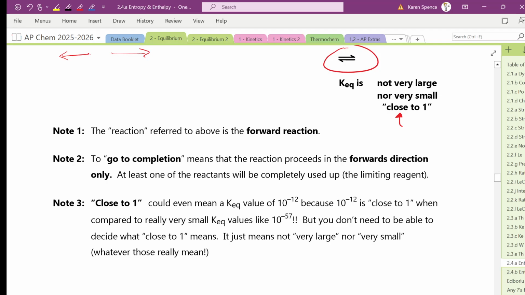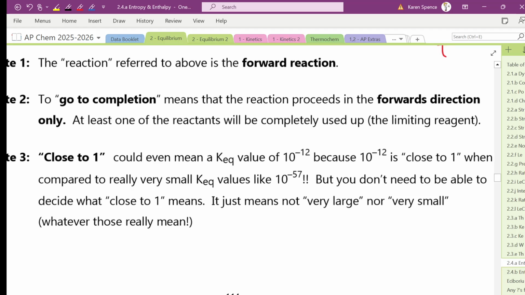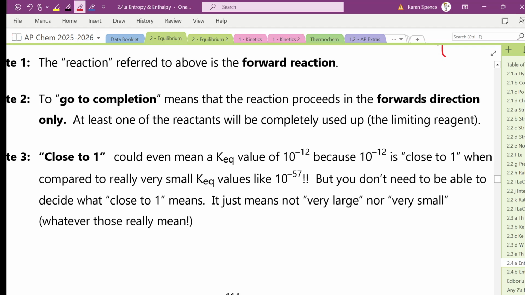Close to 1 could mean a KEQ of 10 to the negative 12 because 10 to the negative 12 is close to 1 when compared to really small KEQ values like 10 to the negative 57. But you do not need to be able to decide what close to 1 means. It just means not very large or very small. Whatever those mean, you don't need to worry about it.